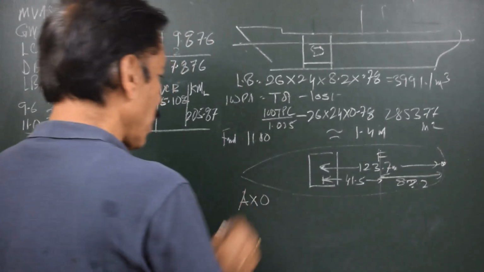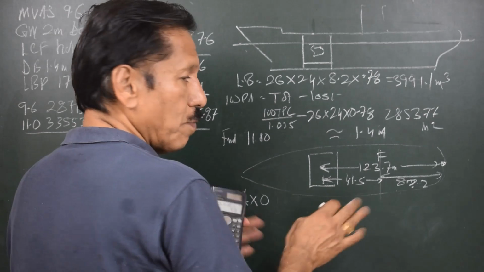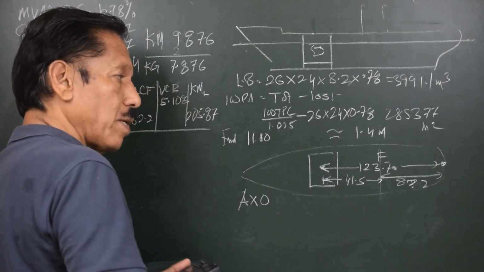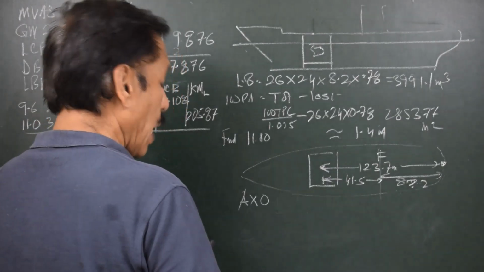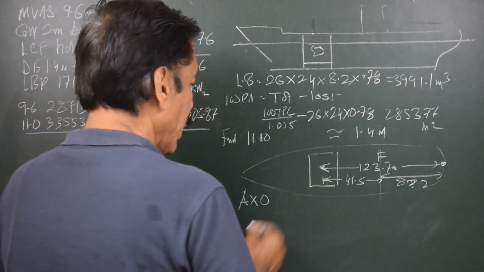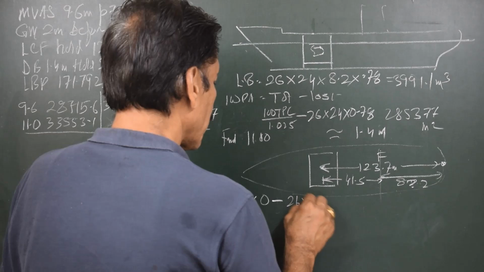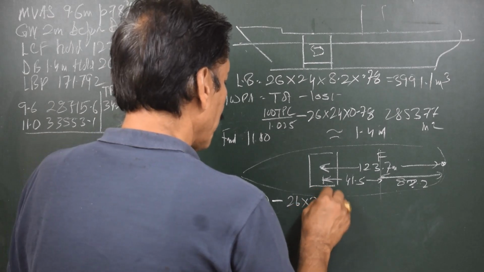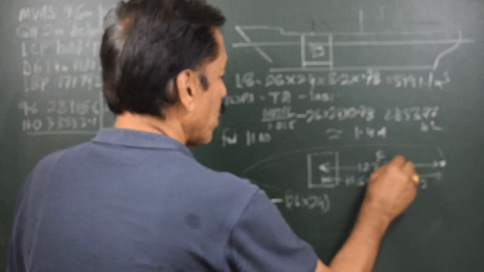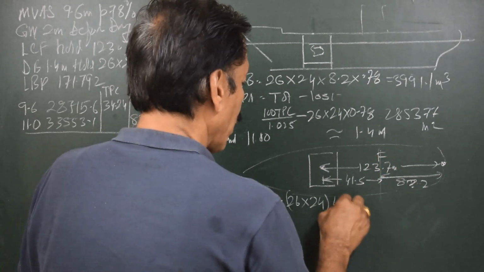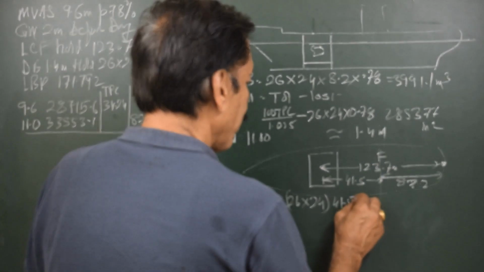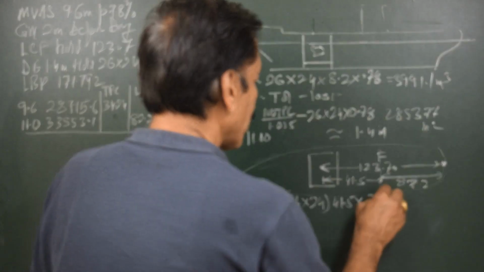So the first expression is A into 0. This is what we do in all intermediate or end compartment bilging calculations of FF1. So A into 0 minus, this area is 26 into 24, and the distance from the centroid is 41.5, and there is a permeability of 0.78.